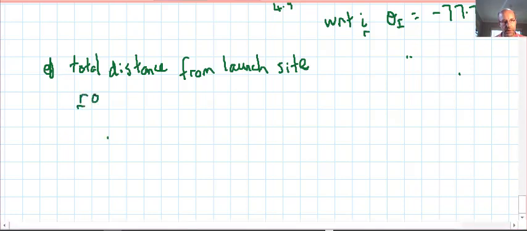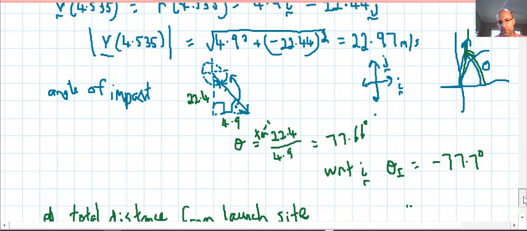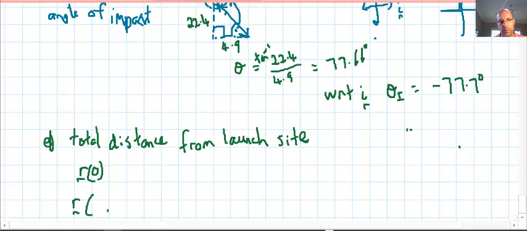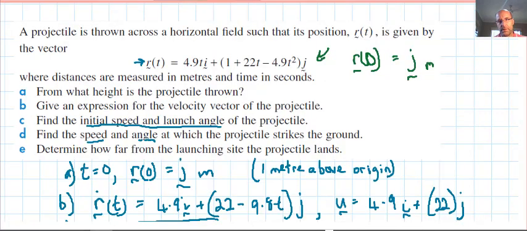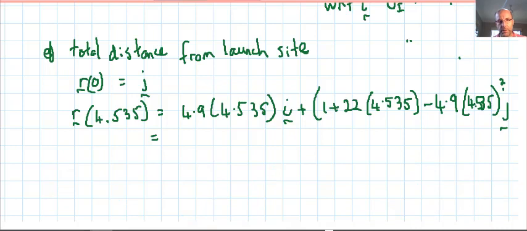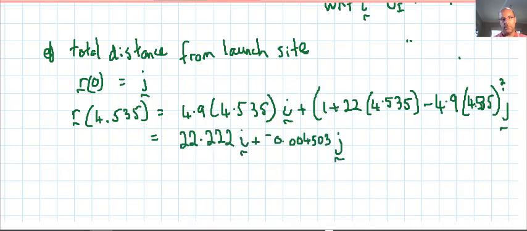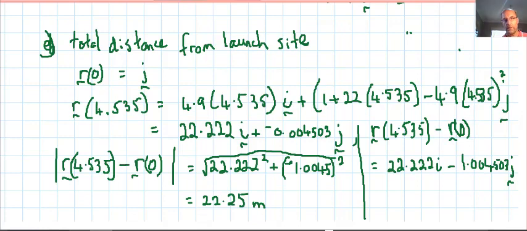At the impact point, which I'll just get the number again, 4.535 seconds, we use the given vector and substitute the value for t in, like so. I get that as the final answer. Might have made an error, I'm not sure, you might want to double check. I haven't entered anything wrong, but there we go.